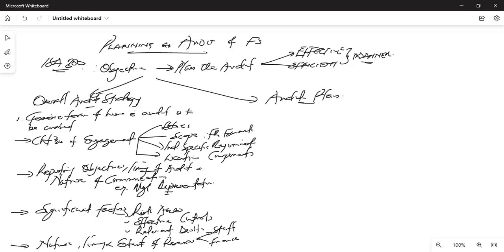So this is typically audit and assurance stuff, but it appears in advanced audit, so I had to go back and bring it to the scene. All right, so these are the things that get into the overall audit strategy of an audit engagement.